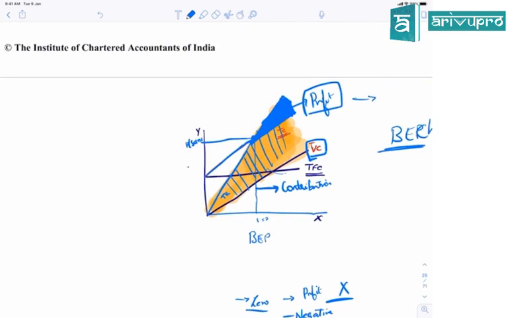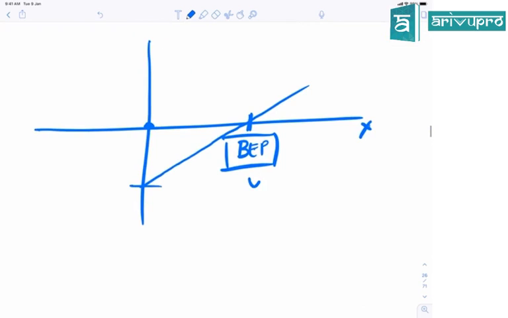Any sale more than my break-even is known as what? Margin of safety. Again, guys, are you all clear?